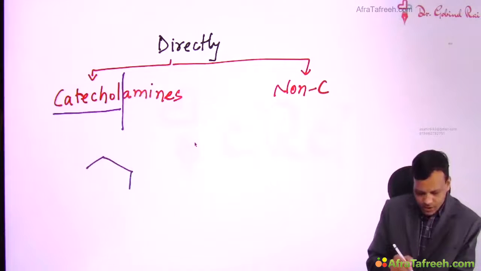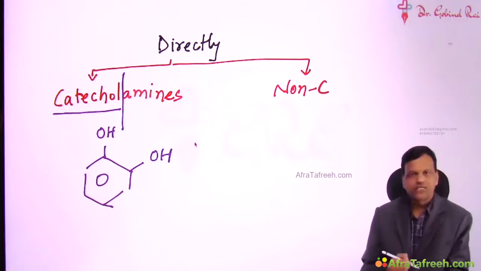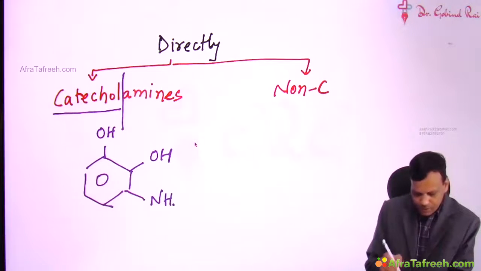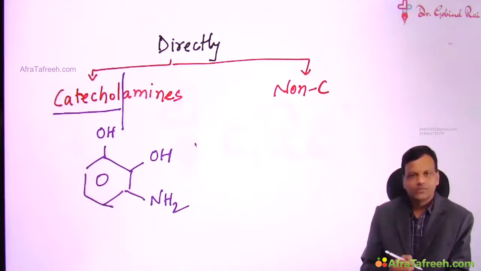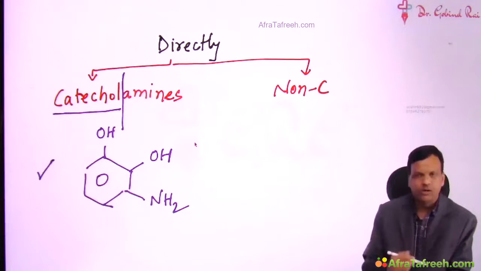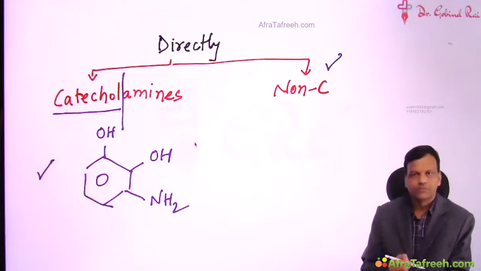If you remember chemistry, this chemical structure of dihydroxybenzene is also known as catechol. And if an amine group is also present, it becomes catecholamine. That means any drug having this type of chemical structure is called catecholamine. If this is absent, it is called non-catecholamine.